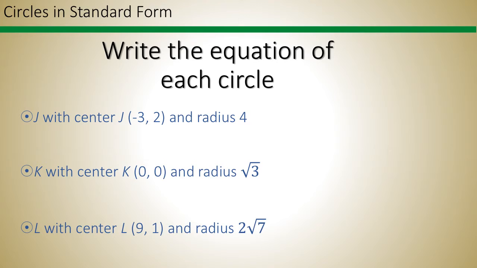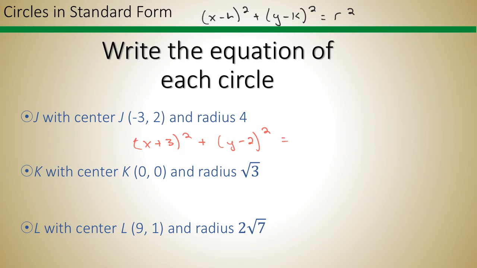And we should also be able to take a center and radius that we're given and use that to write the equation of a circle. Okay, so again, if the formula is this, x minus h squared plus y minus k squared equal to r squared, this first equation is going to be this: x plus 3 squared plus y minus 2 squared is equal to 16.